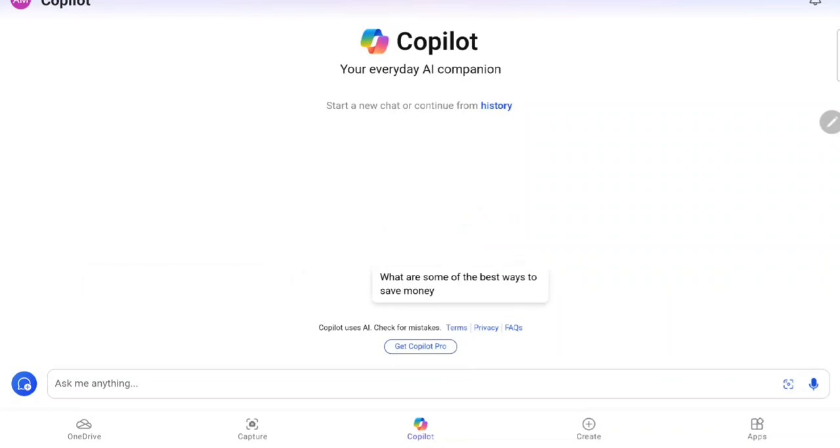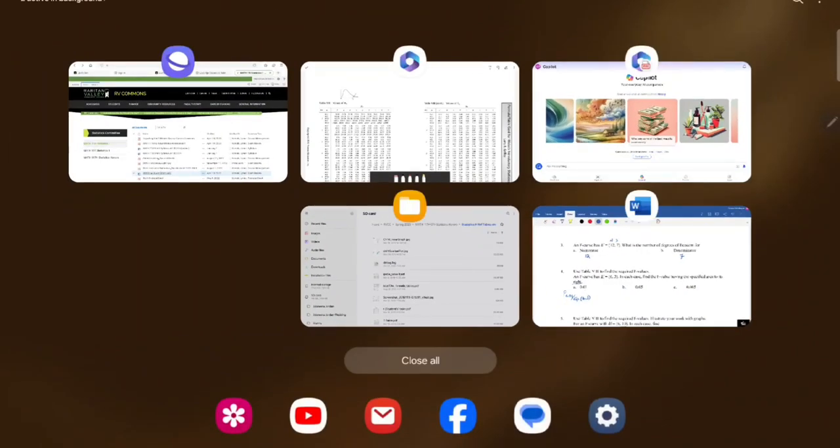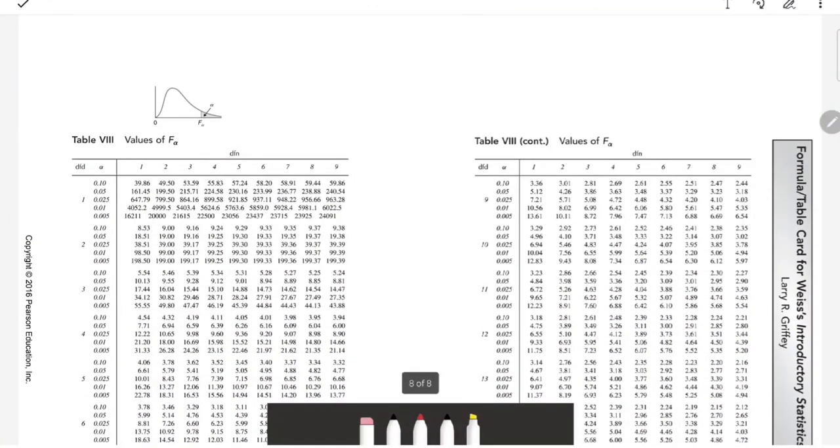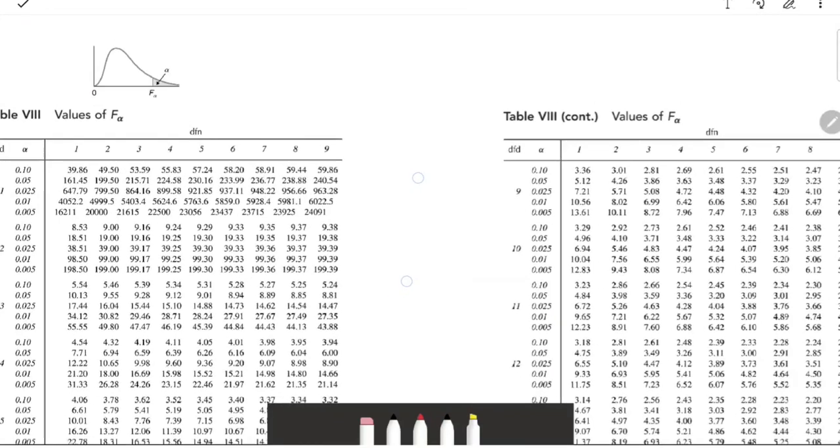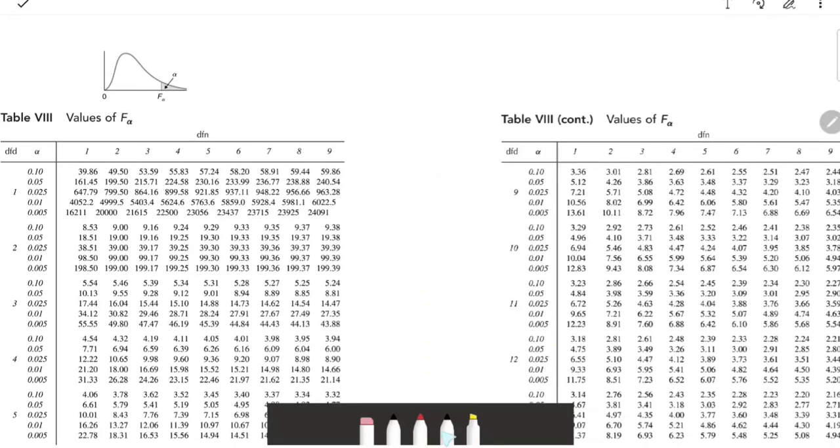Well, this is not quite the table, so let me go back. Here's the table. This is the F table, table 8 in the formula sheet. Our df was 6,3, so the numerator was 6. The way we had it, it said F of 0.01 and the df given to us was 6,3.